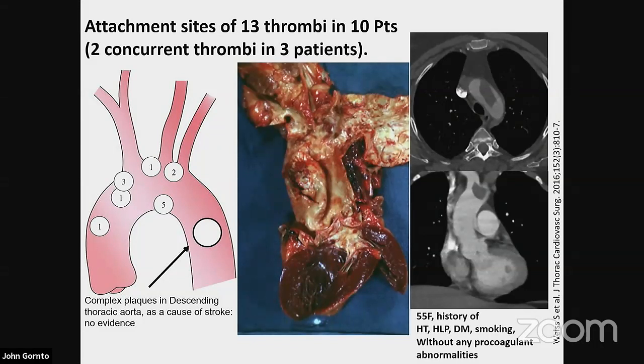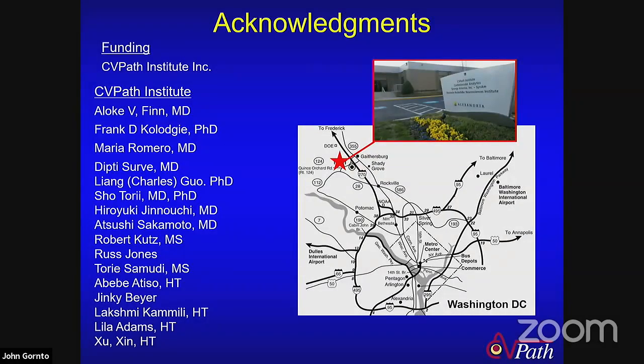So it just makes sense, because unless there's retrograde flow, it's not likely to be. And here showing the large thrombi by CT, you can see very nicely. And this is an example of excessive atherosclerosis in the arch of a patient with atherosclerosis. So thank you so much for this opportunity.